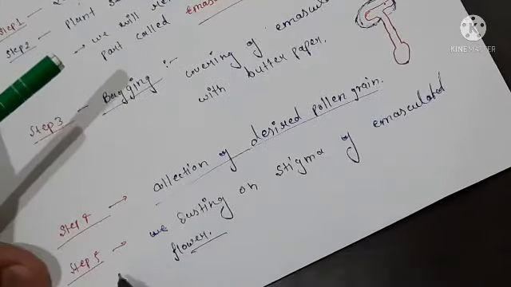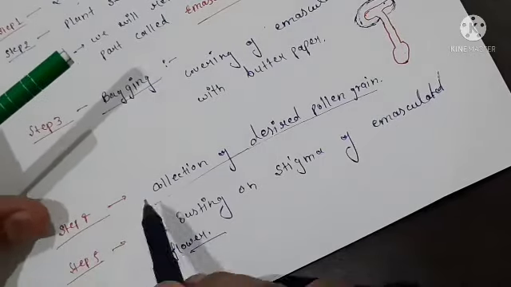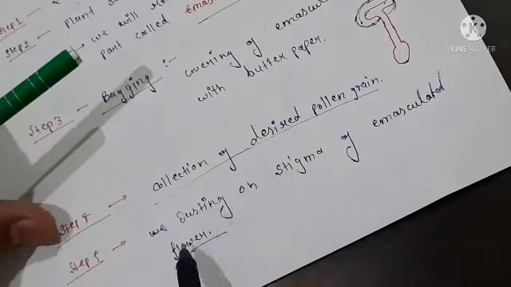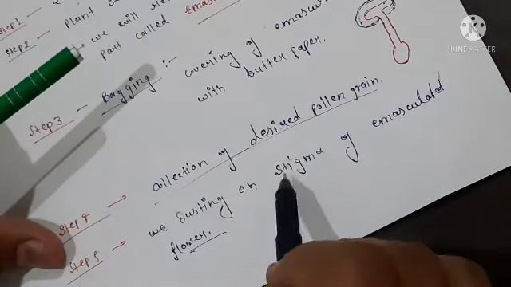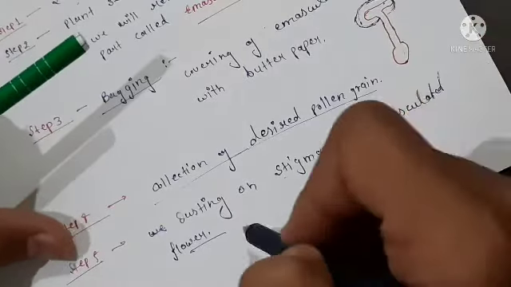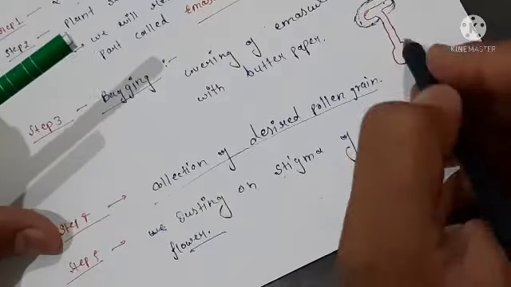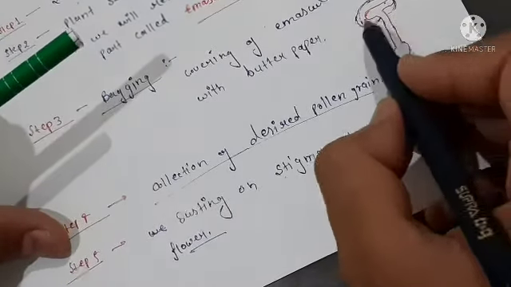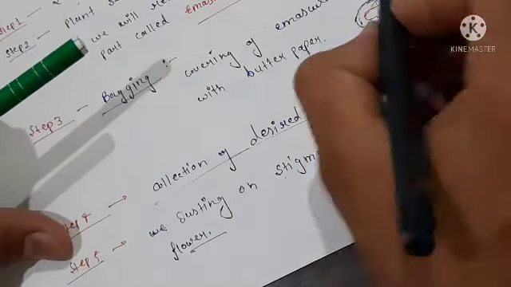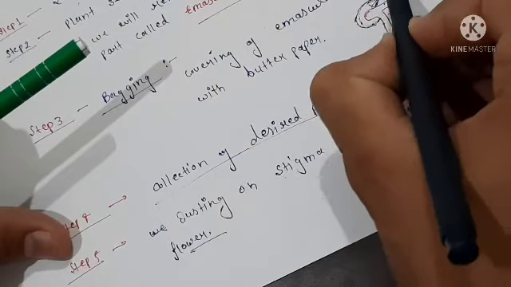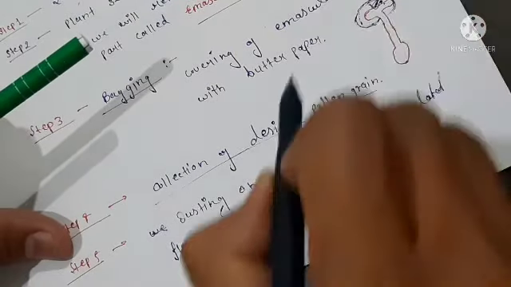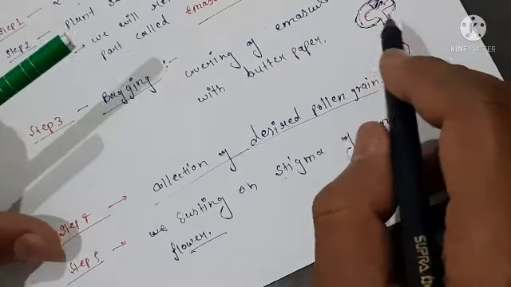What is the meaning of step 5? In step 4, friends, we collect the desired pollen grain. In step 5, we will remove the butter paper and dust the desired pollen grain on that emasculated flower.